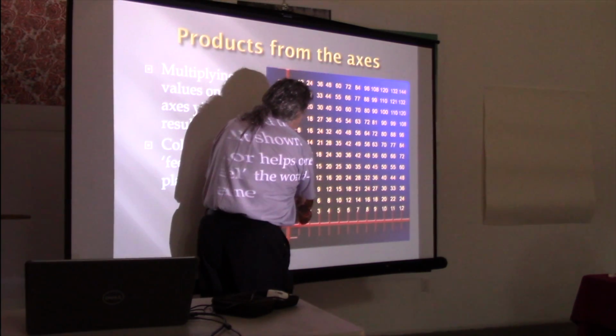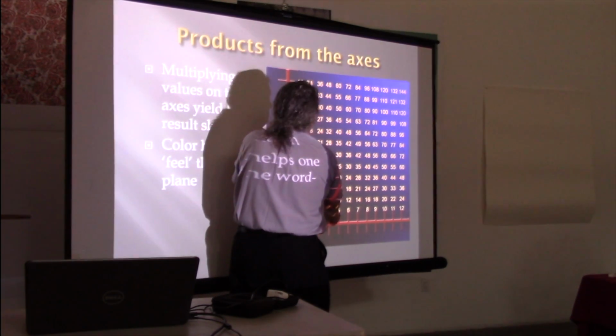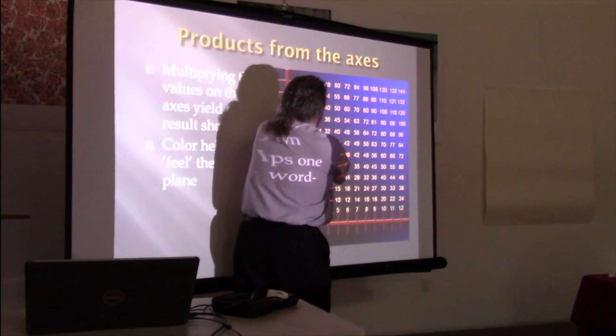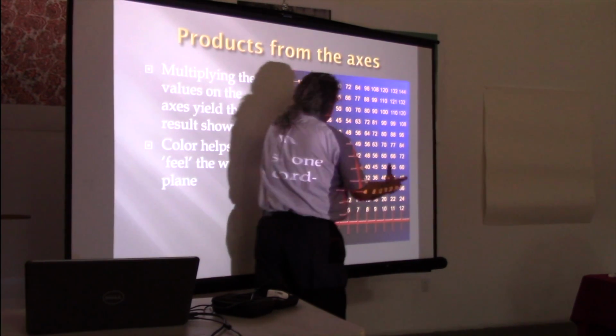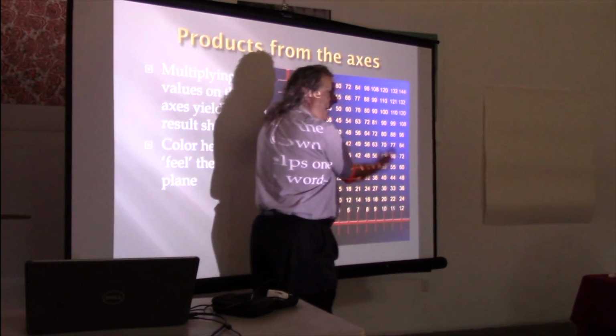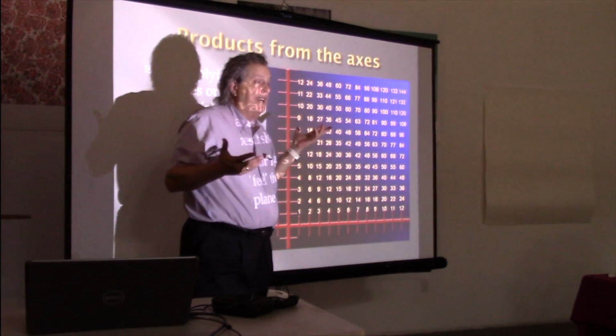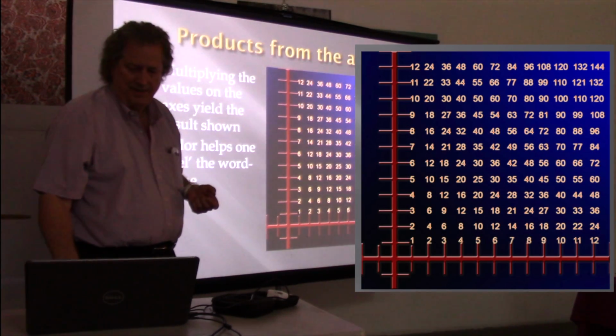But here, we're multiplying. 2 times 4 is 8. 5 times 7, 35. So you can see 80, 90, 100, 144. You can feel the magnitude as you multiply these together. Or you can add them together. It's up to you how you want to view this.